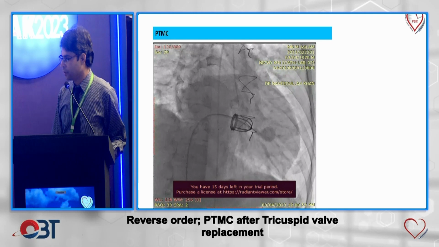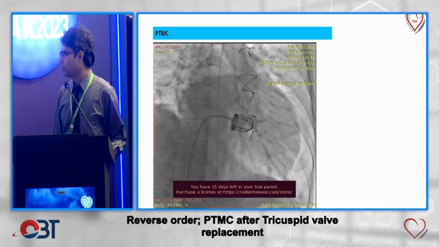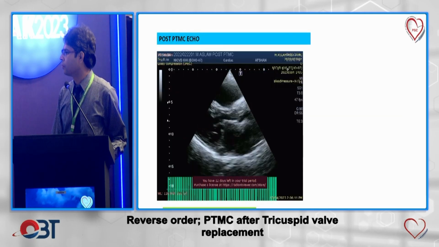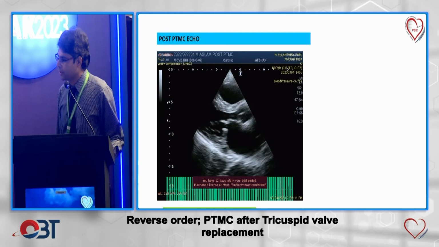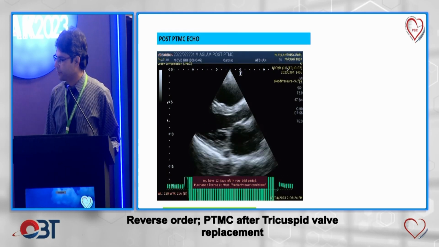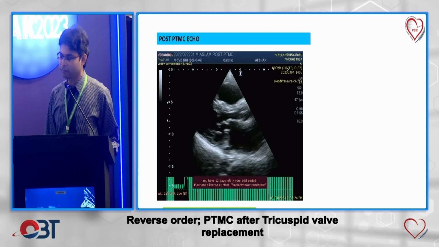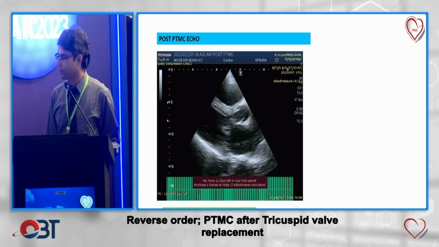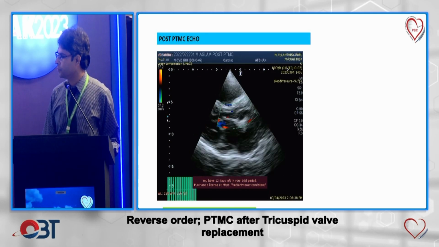That was the second inflation. And the echo was done, which revealed an area of 1.6 by planimetry, and the mean gradient was less than 5.